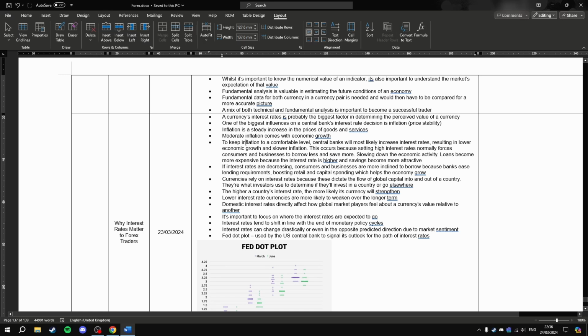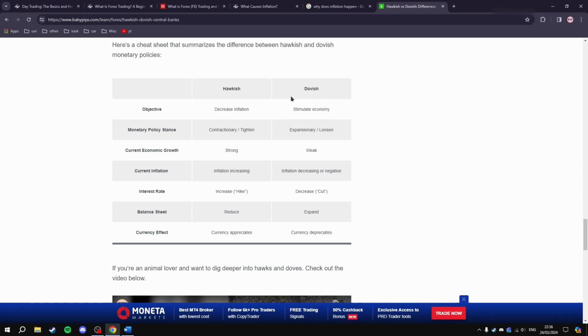And as the economy grows, inflation comes with economic growth. Right? Is that what it means?